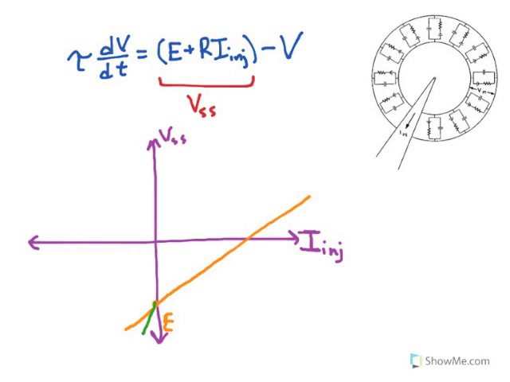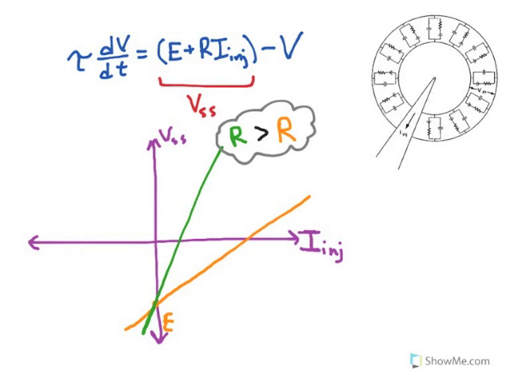I could have just as easily drawn a line that looks like this. Well, remember that the resistance sets the slope of the line. So here, the resistance of this green example is larger than the resistance of this yellow example. So this is just a quick conceptual understanding of the relationship between the amount of current you're injecting and the resistance.